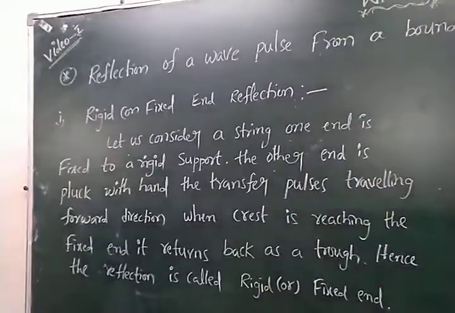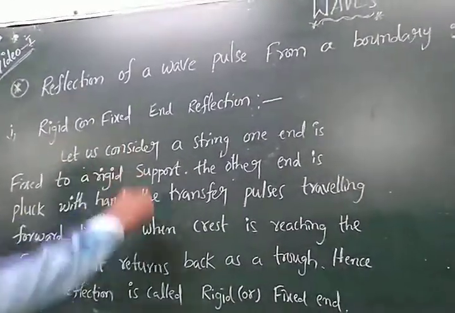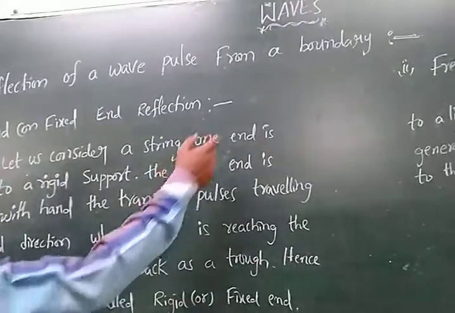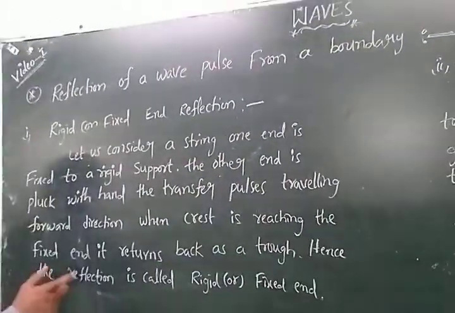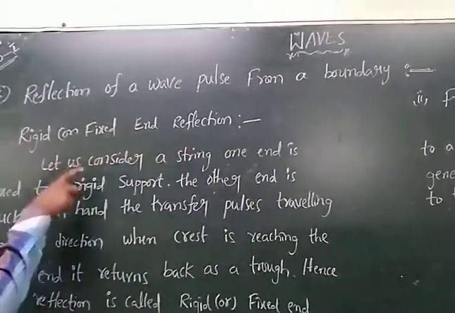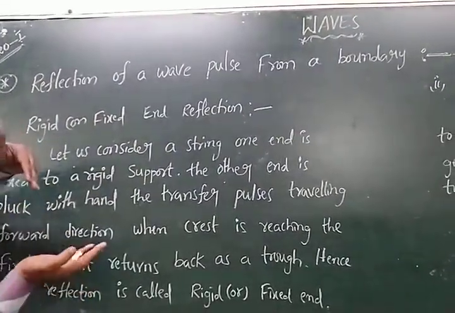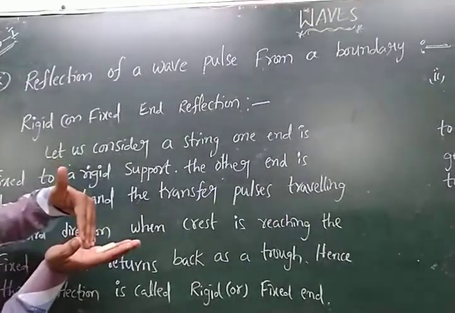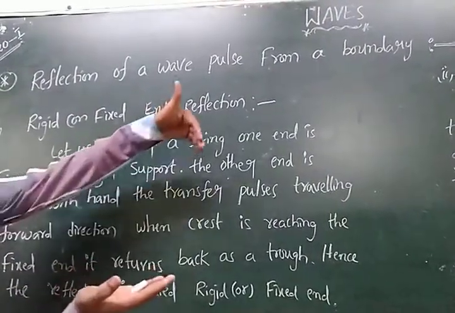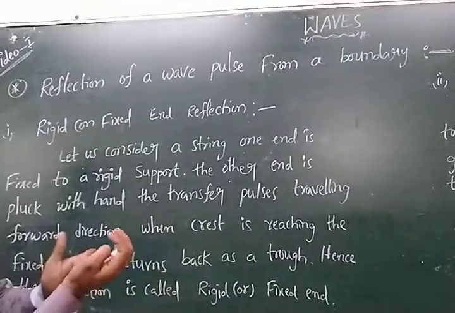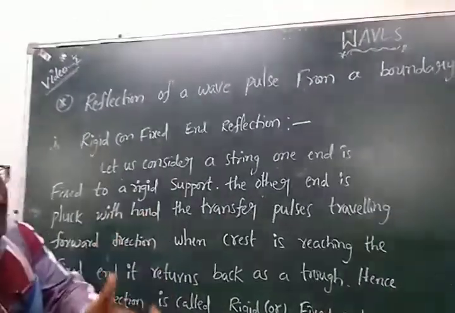So the next topic we are discussing is the reflection of a wave pulse from a boundary. In the reflection of a wave, the wave is incident on a boundary surface, and some part is returned back in the same medium, while some part enters into the other medium.